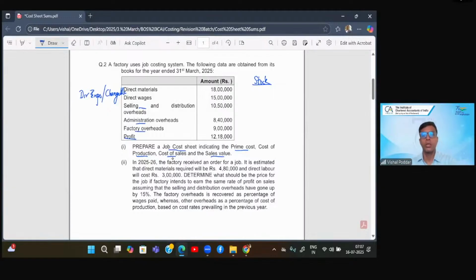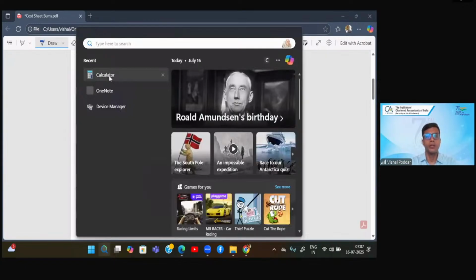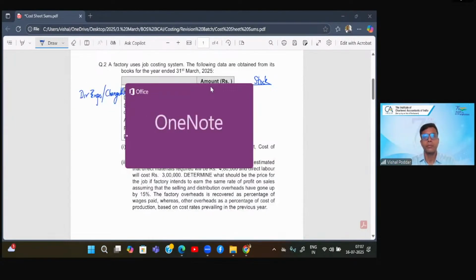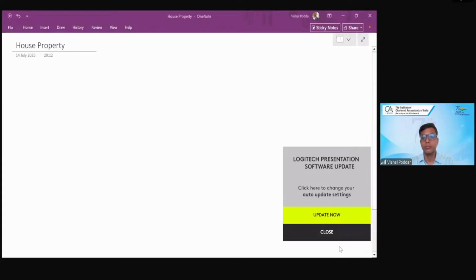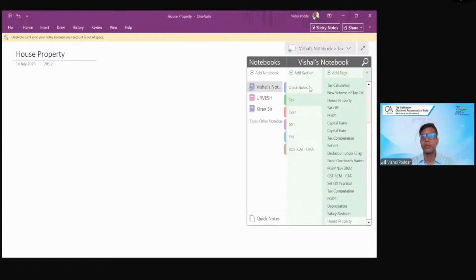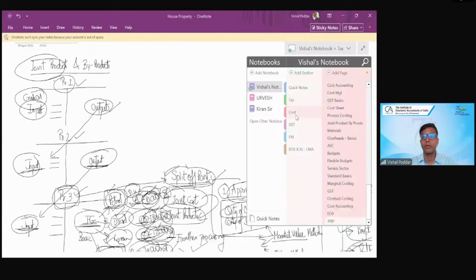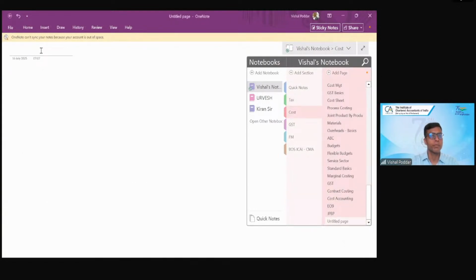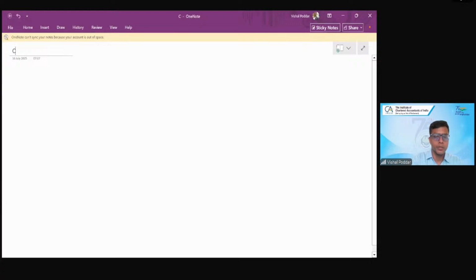And then we'll go to the complicated ones. So my first aspect that is required in this question is the cost sheet, the job cost sheet. So let us start.